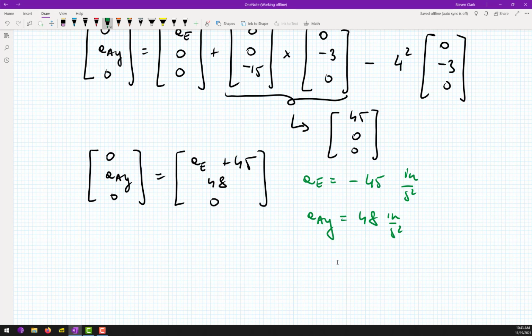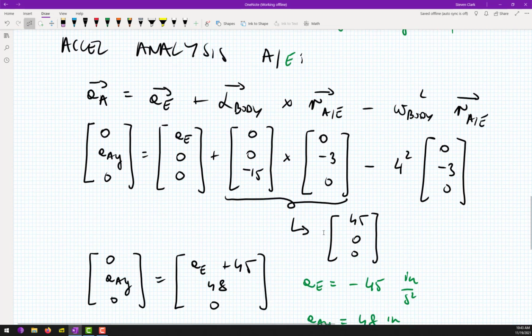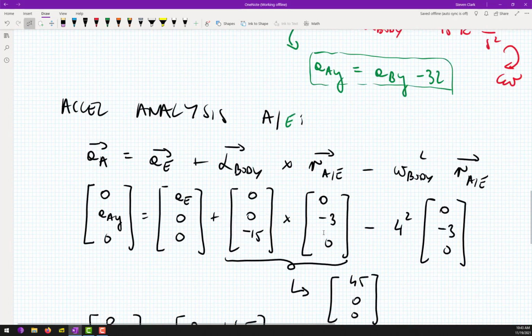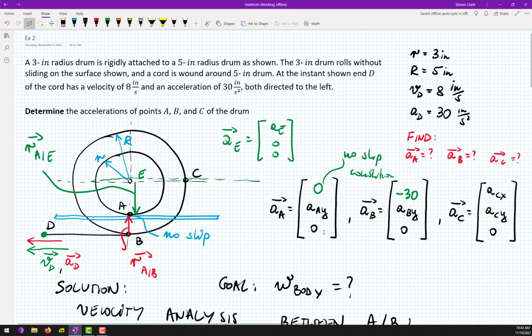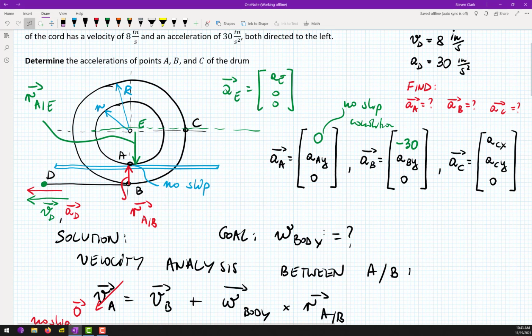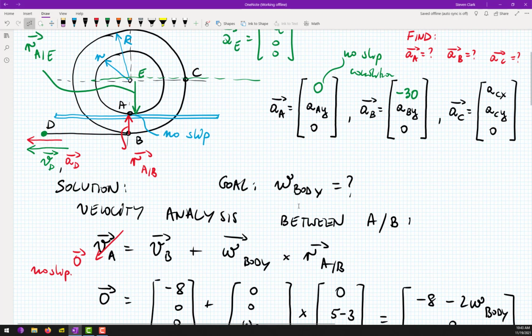Yes, Ty? Was that 45? No. Double negative and then cross check. Let me see. So it rotates clockwise.